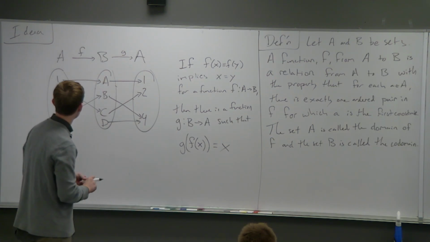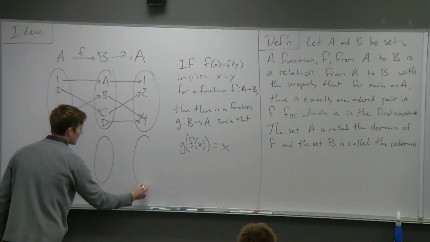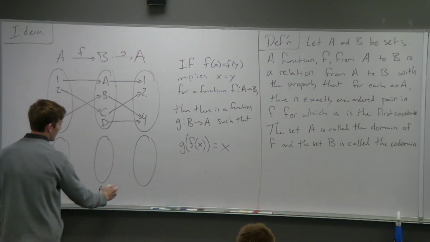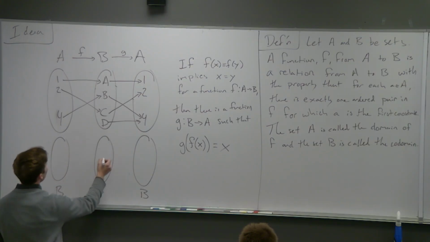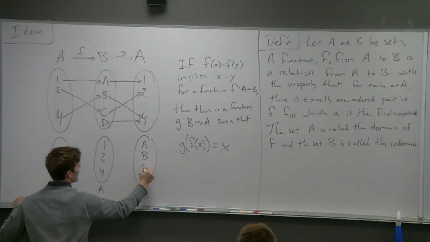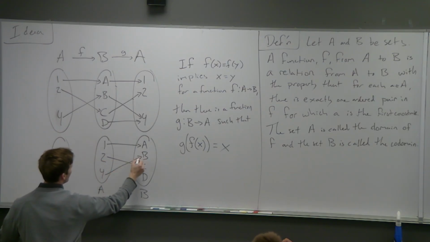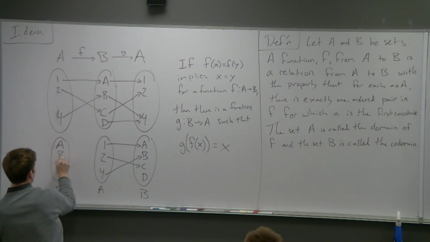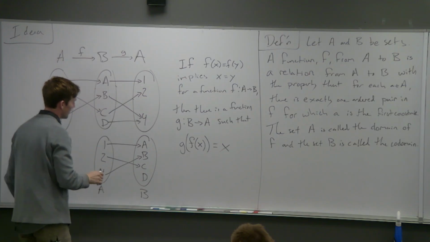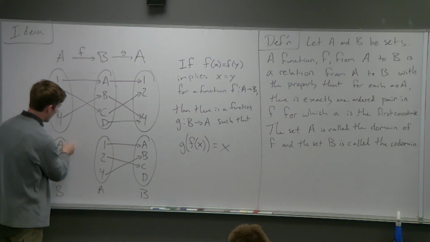Think about this. If I want to go the other way, I will draw it this way. Now I have A, B, and B, and now I go 1, 2, 4, A, B, C, D, and I just map it over in the usual way, 1 to A, 2 to C, and 4 to B. Then I go A, B, C, D, another copy of B. If I want to go from here to somewhere where I'll get back to A, well, I can do that just fine.